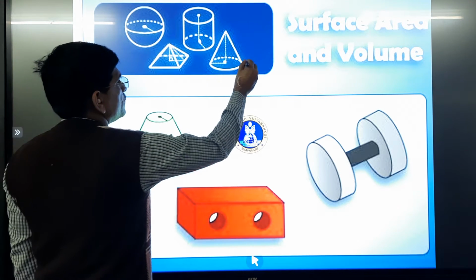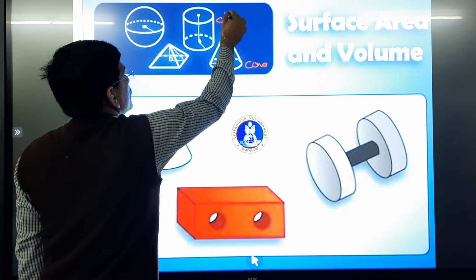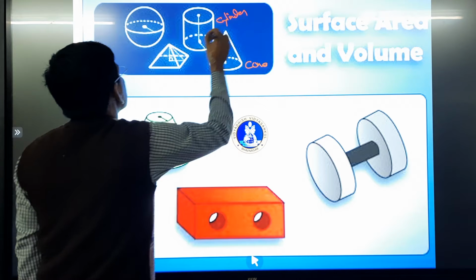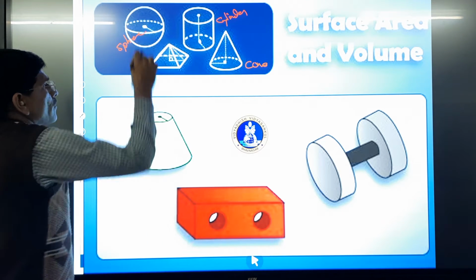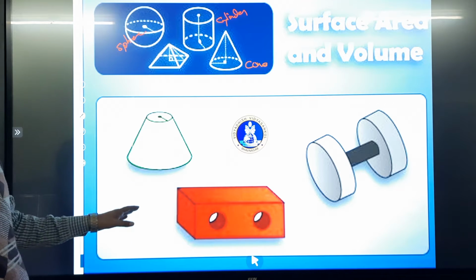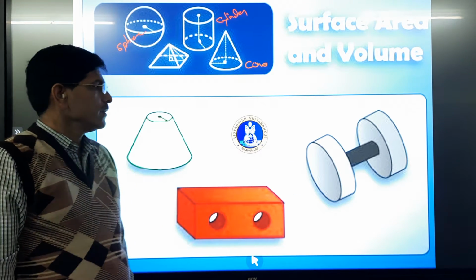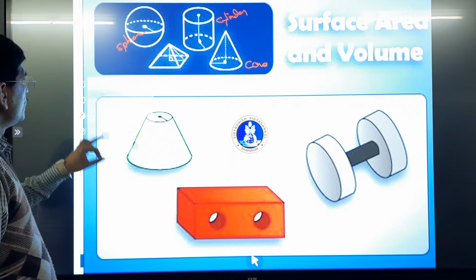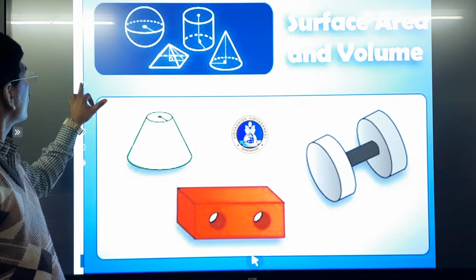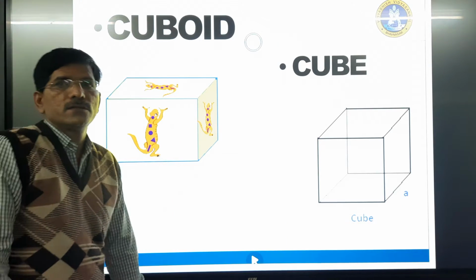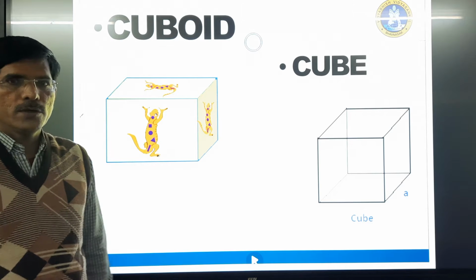One is a cone, here it is a cylinder, here it is a sphere, and here it is a frustum. First, we take cuboid and cube.